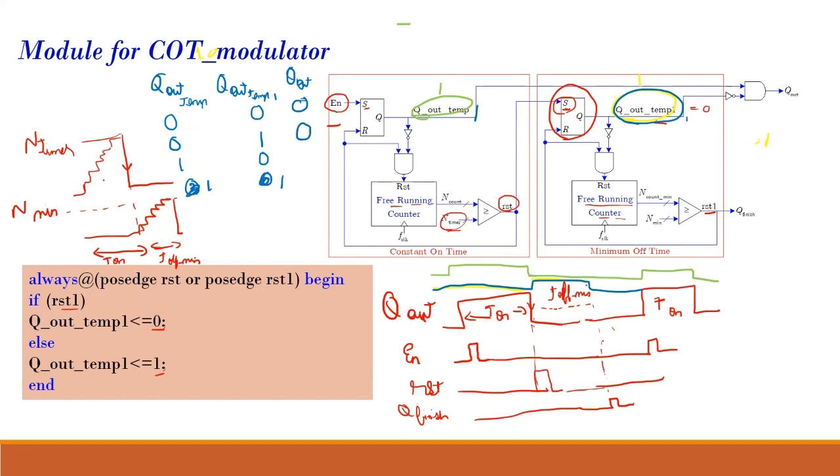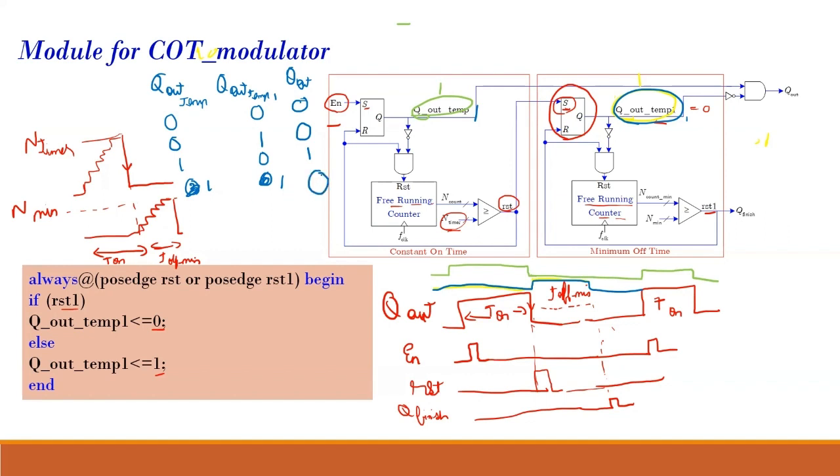Now Q out temp is 1, then we have to check Q out temp 1. If Q out temp 1 is 0, the not of Q out temp 1 is 1. So 1 and 1 will give you a value of 1. Next case is Q out temp has a value 1, but Q out temp 1 has a value of 1. So not of Q out temp 1 will be logic low, and logic low and logic high will give out the value of 0.